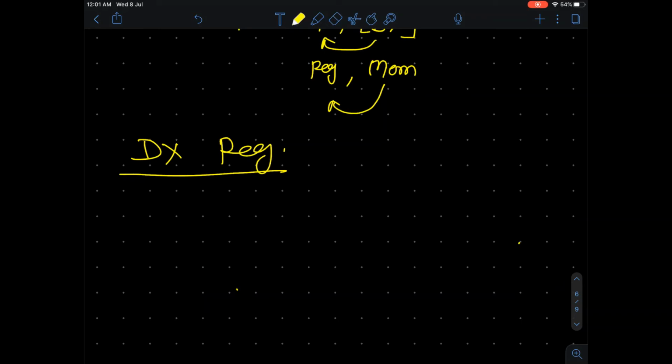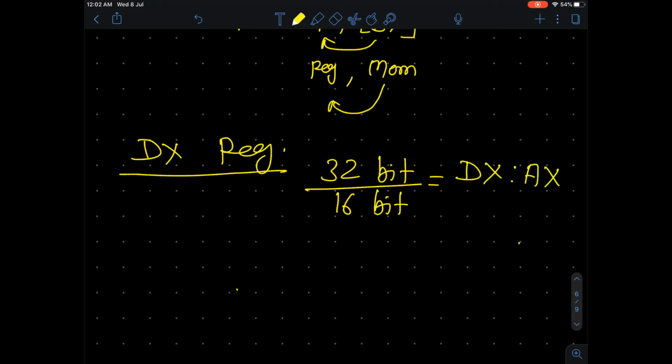When there is a 32-bit by 16-bit division, the dividend must be in the DX AX register, and the divisor can be in any other register.